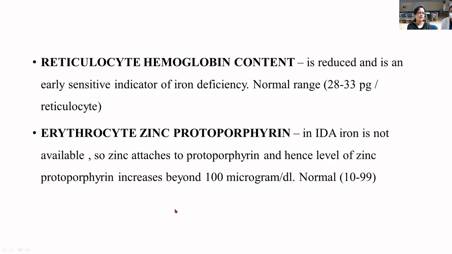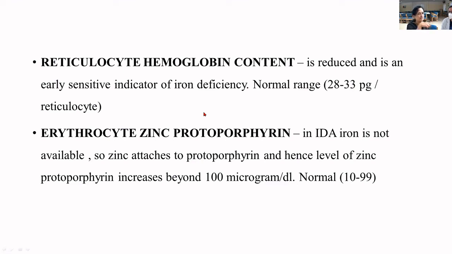I just remember, my niece's daughter had severe iron deficiency. Her hemoglobin was just 4 grams or so, and she was just 10 or 12 years old. I don't know how she developed this food faddism, I tell you. I was so scared, but still she used to cycle and all that, though with little difficulty.